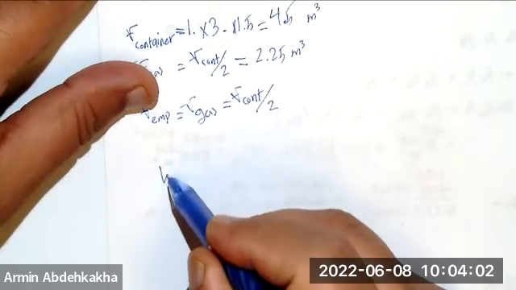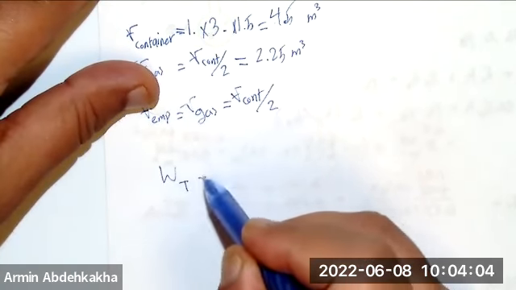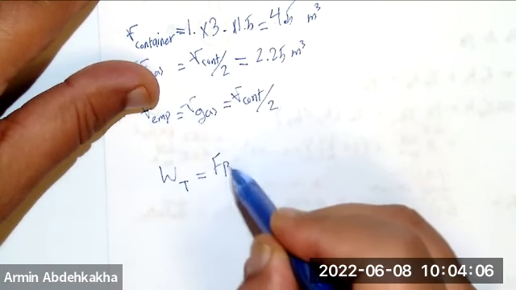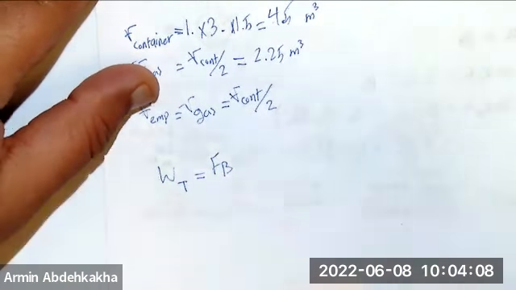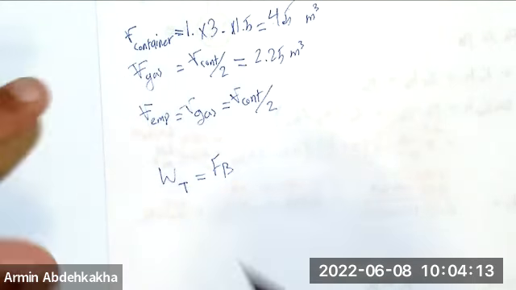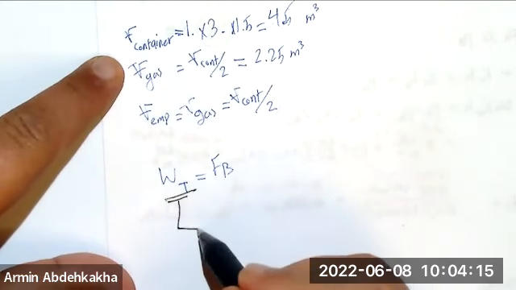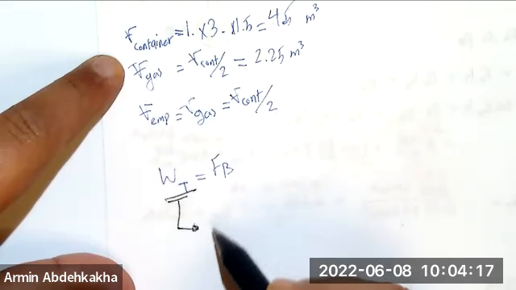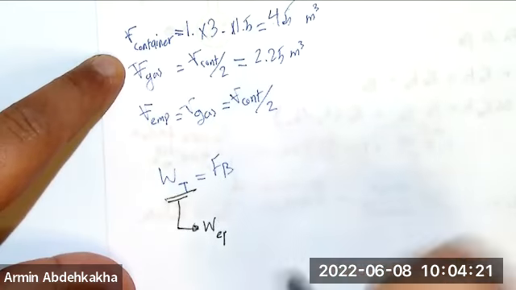Okay, we find that WT is equal to FB, right? What is the WT? WT has to be the W or weight of the empty part.